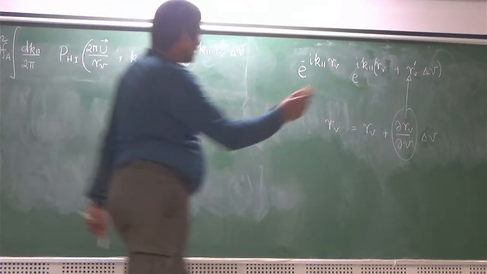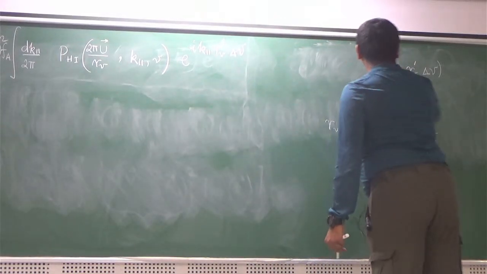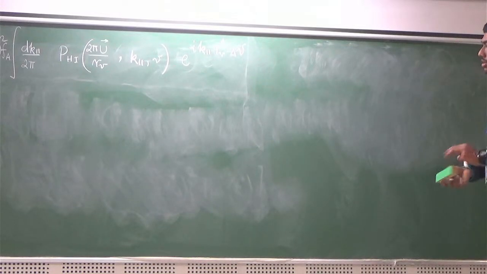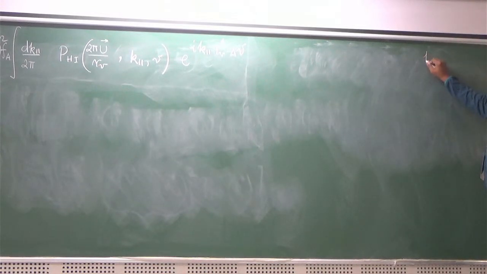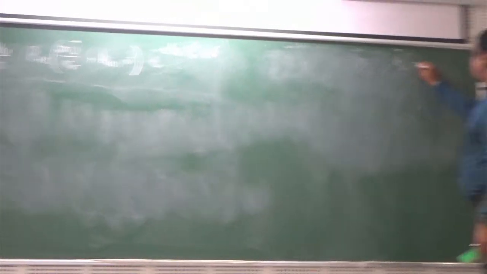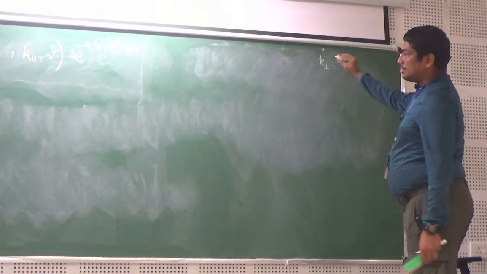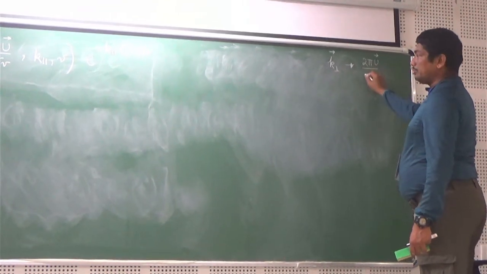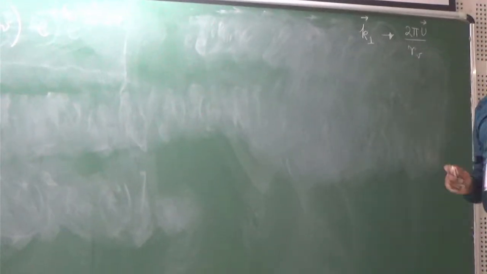Fine. Let me remind you of one thing: at some point during the delta function integral, we replaced our k perpendicular with what is sitting over there in the first part, by this.